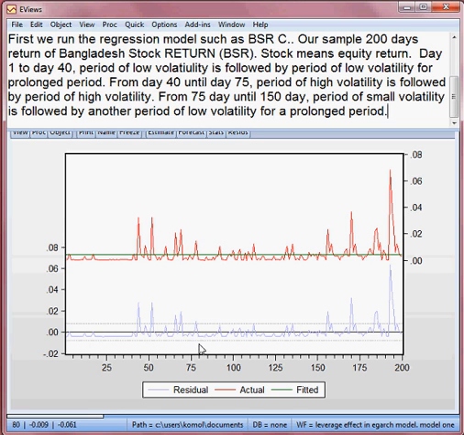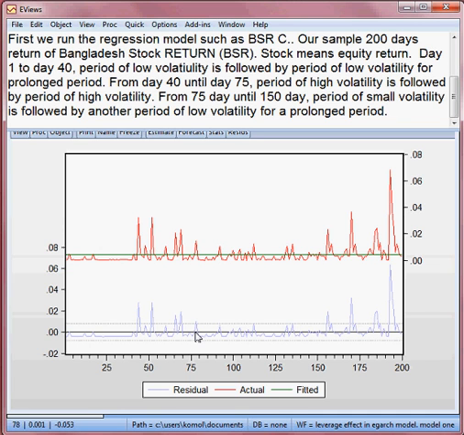Again from here to here, the period of low volatility has been followed by another period of low volatility.